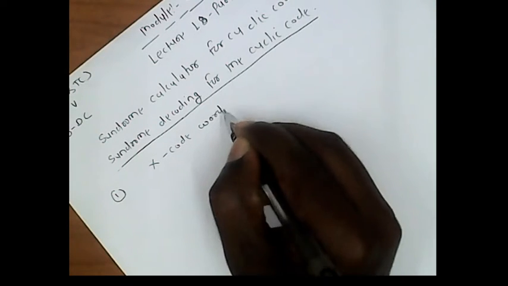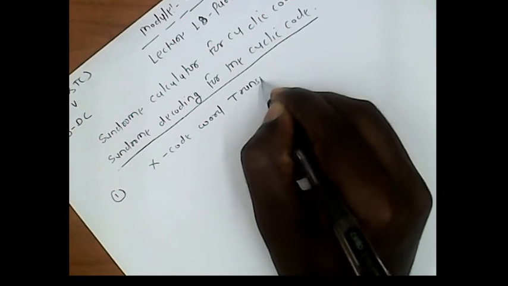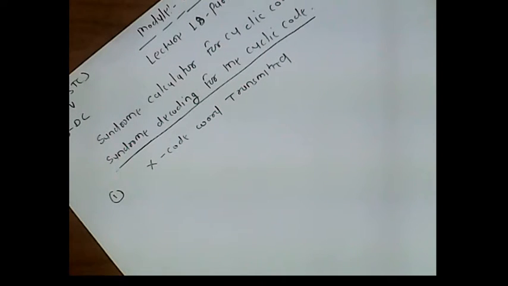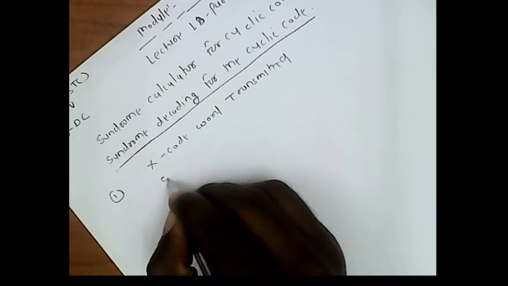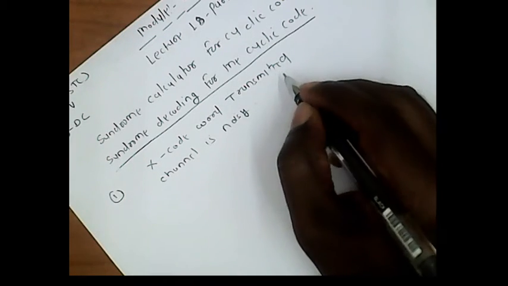Suppose X is a code word which is to be transmitted over a channel. When X is transmitted, the channel is noisy, so error will be introduced by the noise into the transmitted code word.